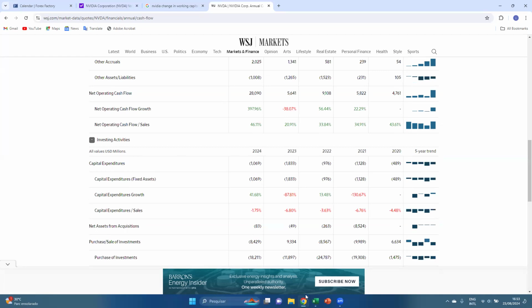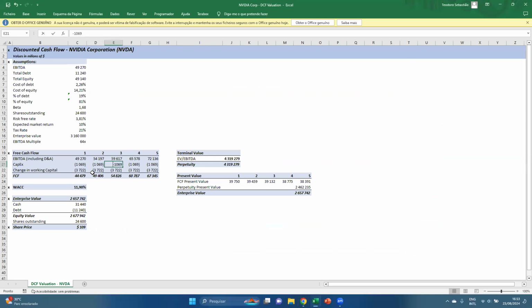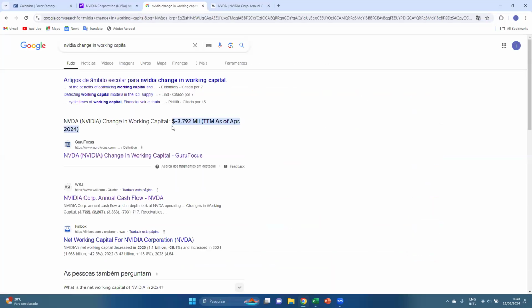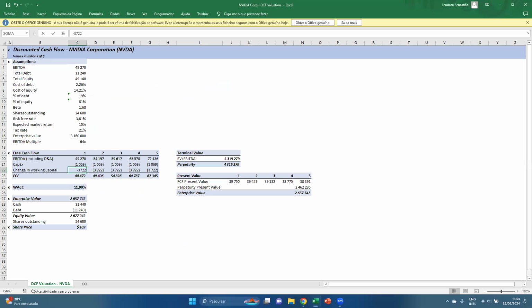So it's what is here, and I kept it fixed. The change in net working capital was the same. I searched it and it was minus 3 billion dollars, so it's what I put here.